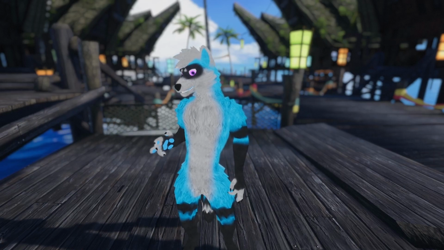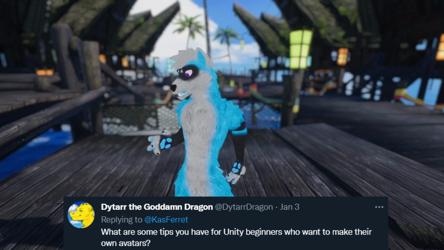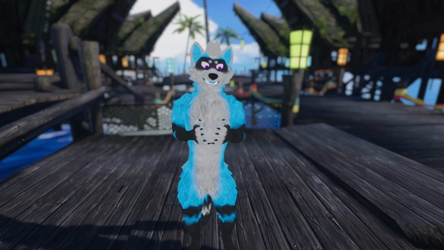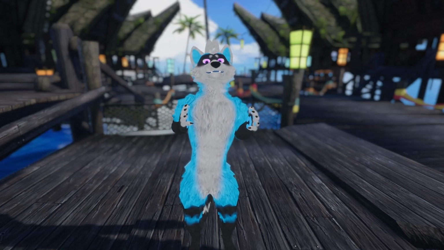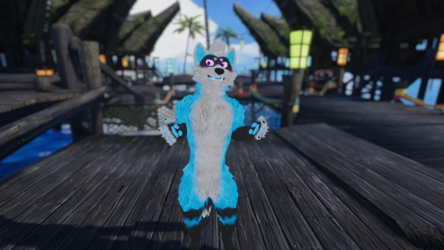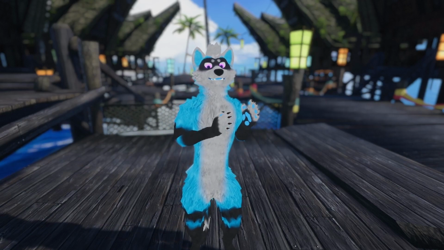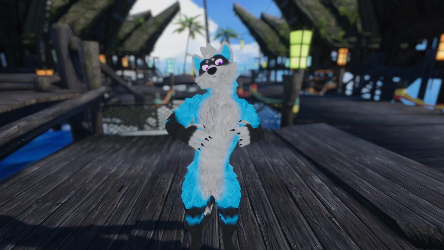Dietar asks, what are some tips you have for Unity beginners who want to make their own avatars? So here's my biggest tip. Start small. Start with just playing around with a base in Unity. Get like some simpler avatar base to play around with.